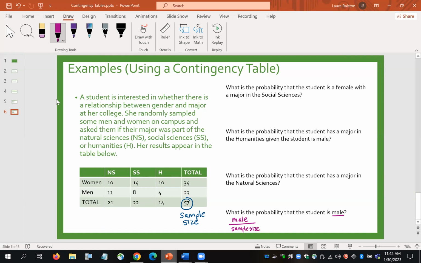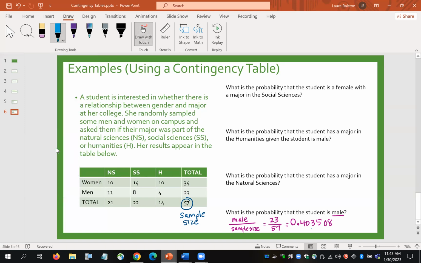If I look at my table, males or men, there were 23 out of the 57. Converting that to a decimal, 23 divided by 57 is 0.403508. Again, watch your rounding.